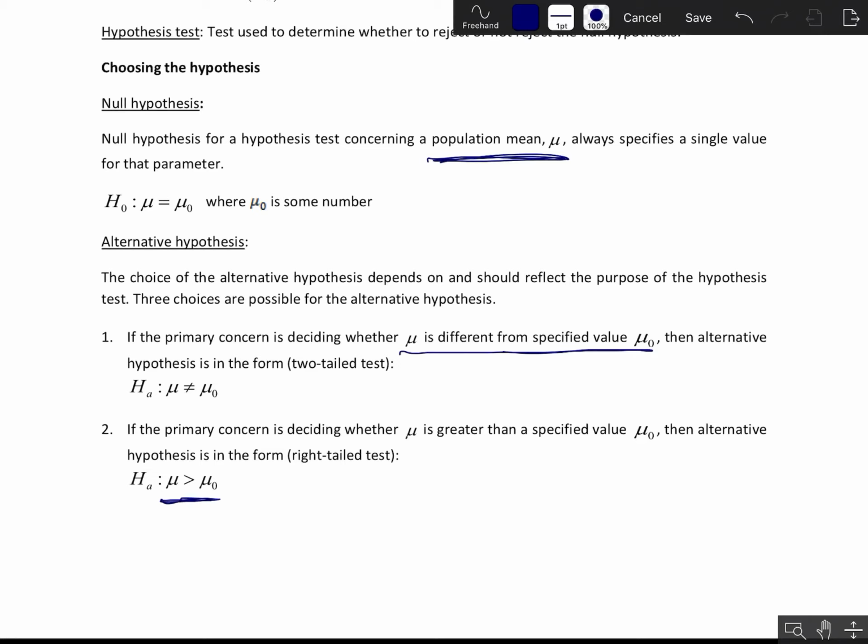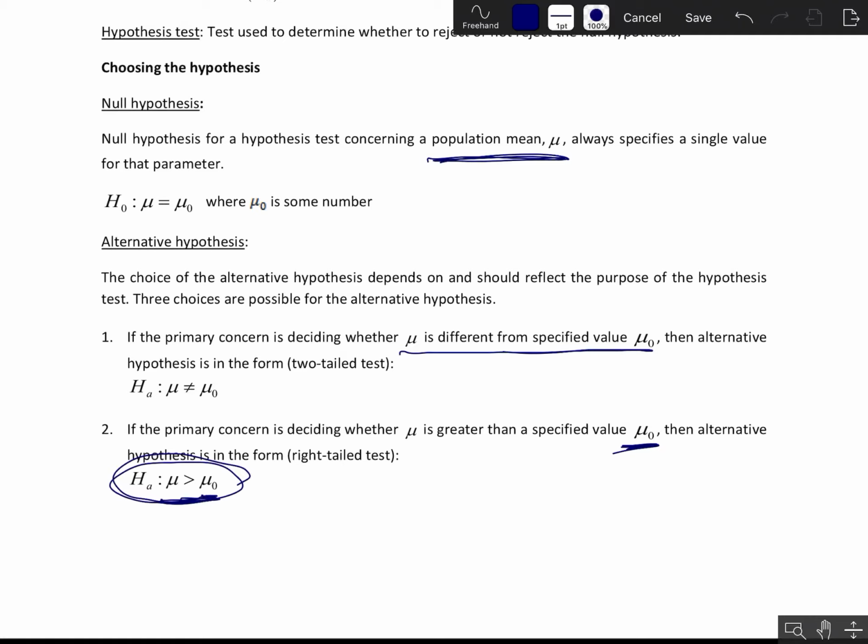So maybe just to give you an example, maybe you believe that the actual population mean per capita of, let's say, people infected with a certain disease is larger than what's being reported. Then in that case, mu naught would represent the reported values per capita for some country or whatever, and then your alternative hypothesis would be that the actual population mean is larger than the assumed population mean.